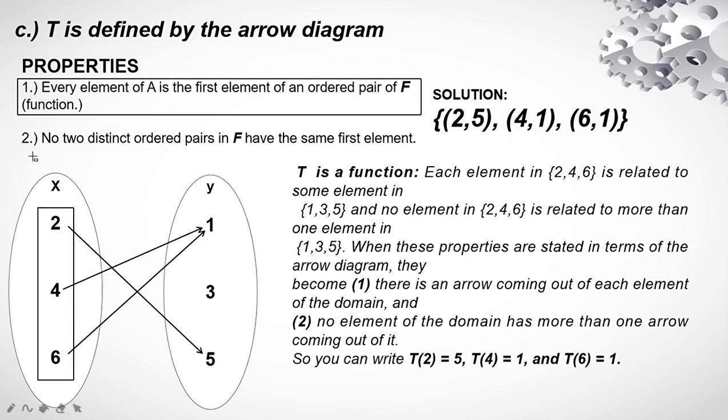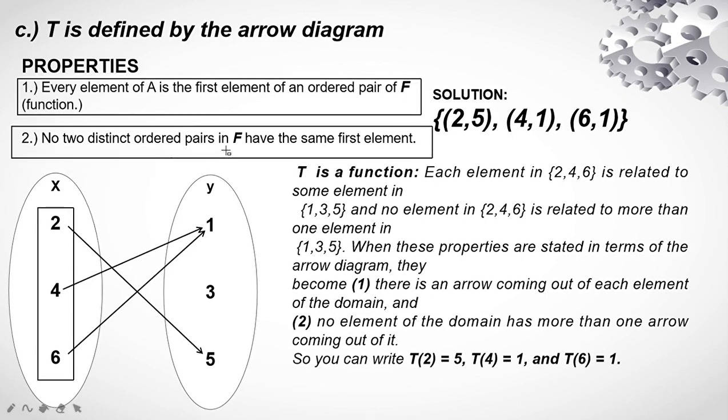Now, sa property 2: no two distinct ordered pairs in f or function have the same first element. So, wala naman tayong makikita dito na first common element, no? Wala tayong makikita dyan na first common element. Compare doon sa number 1 natin, meron tayong 4, 1, and 4, 3. So, may first common element tayo doon, kaya hindi siya function. Ito, wala tayong makikita.